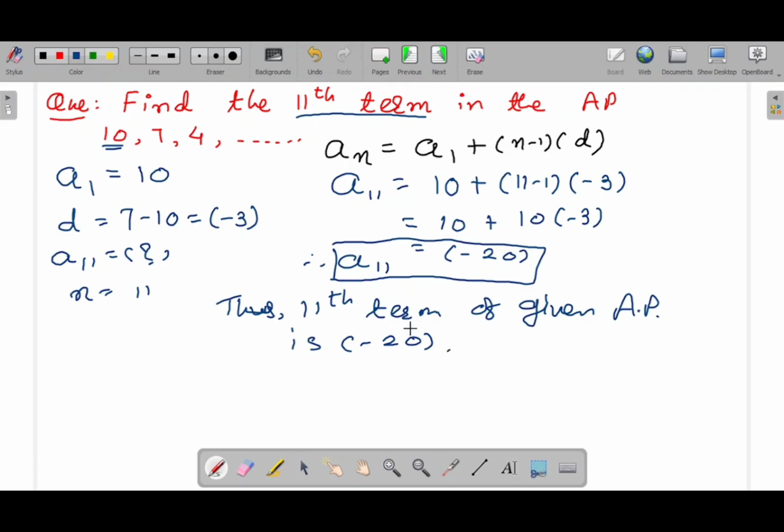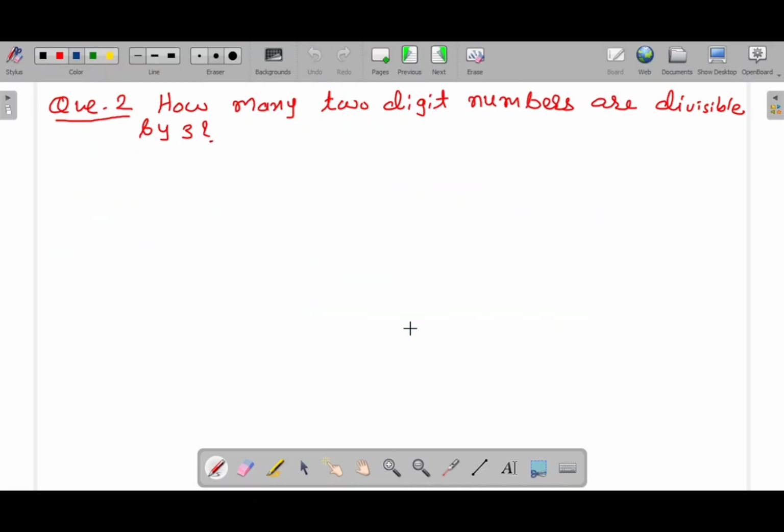Yes, the terms can be negative, it can be a root, or a fraction, decimal, any. Right? So let's go ahead with another kind of example. Oh, this is great. They have not given us the first term or the difference or anything. Let's see the question. How many two-digit numbers are divisible by 3?